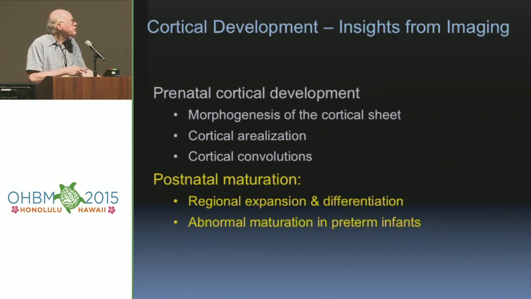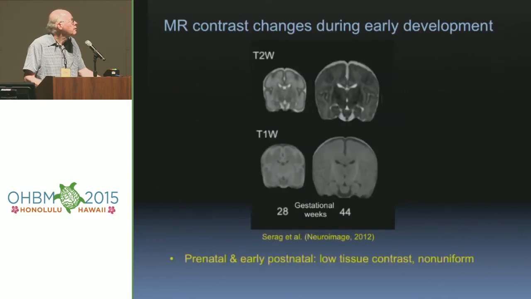Now I want to turn our attention to another set of intriguing issues relating to what happens after birth. We have a methodological challenge in grappling with these issues because at birth the in vivo MR imaging methods we have show much lower contrast in distinguishing between cortex and white matter and subcortical structures. The contrast is not nearly as great as in the adult.